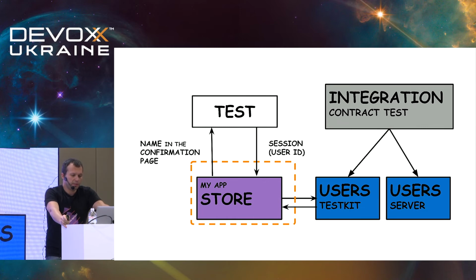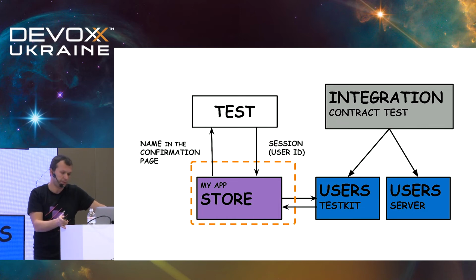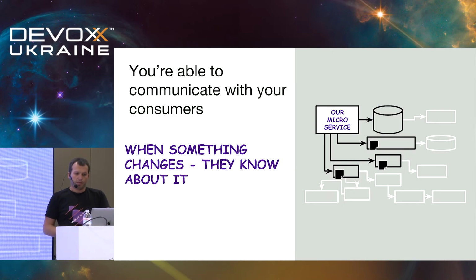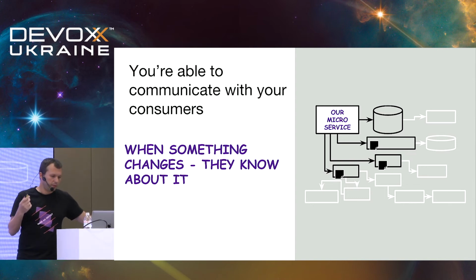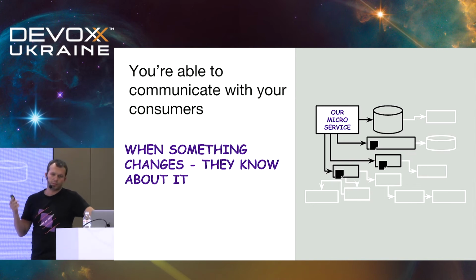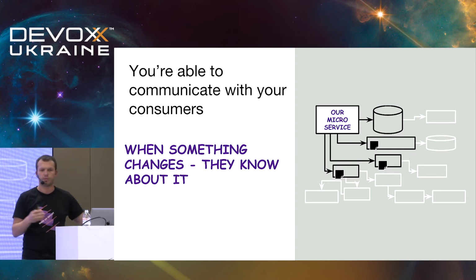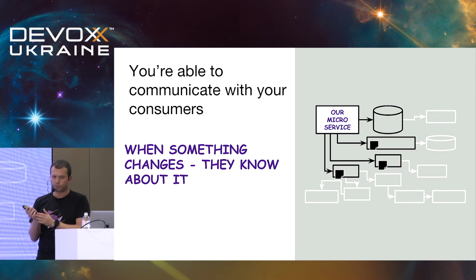Now, another advantage of test kits, which is not really related to tests, but if you do it, you gain this advantage, that you have a way to communicate with your customers. So now if you change your code, for example, you have some server and you change a validation rule.